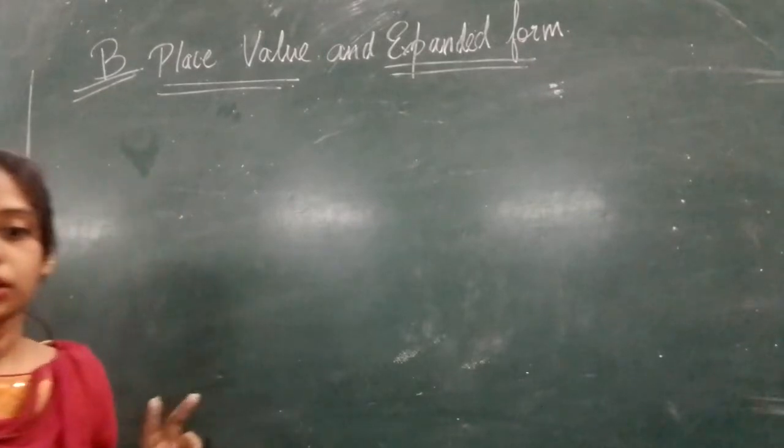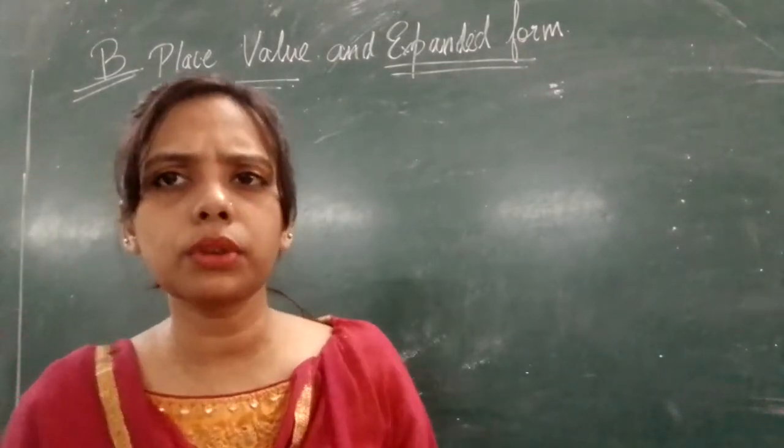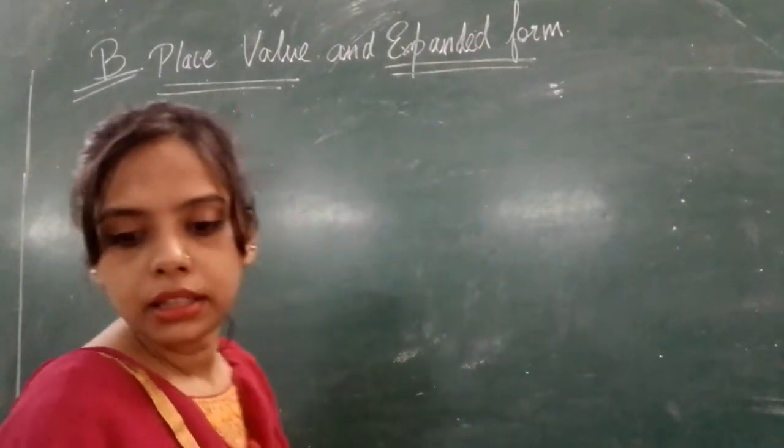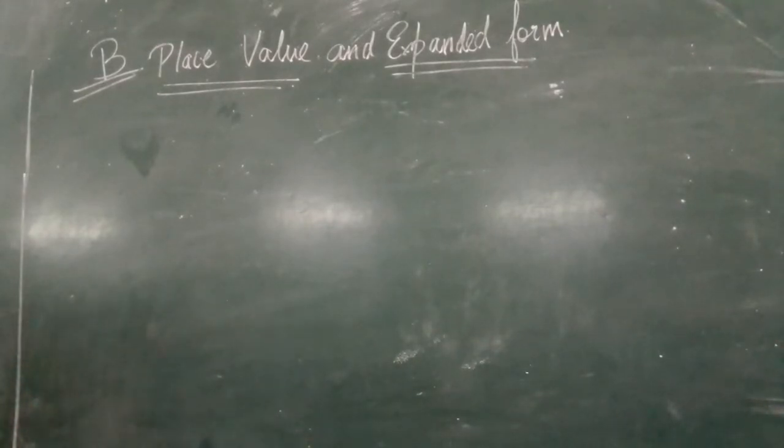Okay. Now here you have to read or learn one point, which is that the place value chart extends to the left.